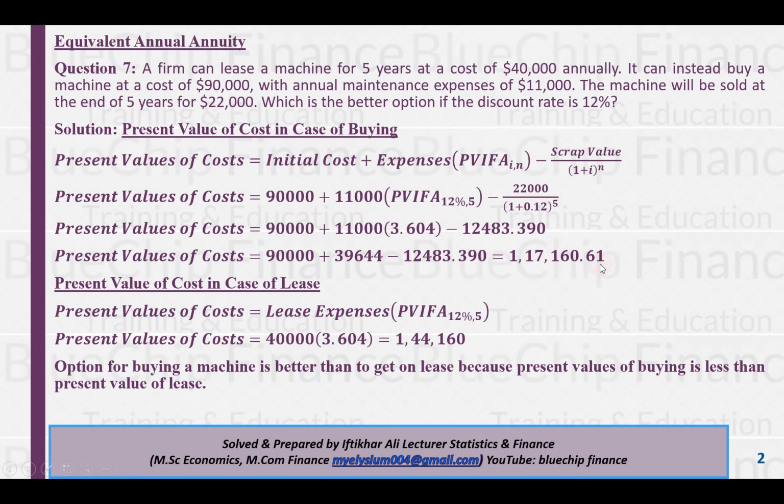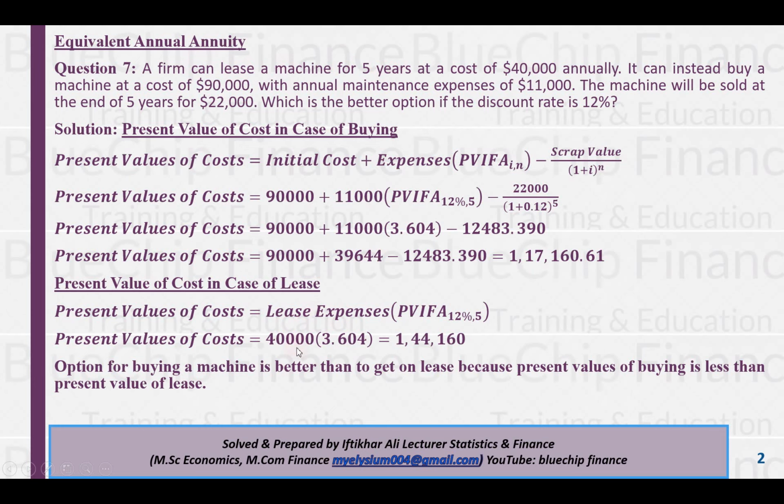117,160.61. Now we come to the first option, that a firm can lease a machine for 5 years at a cost of 40,000 annually. There is no initial cost while choosing a machine on lease, so go directly to expenses and skip the initial cost.